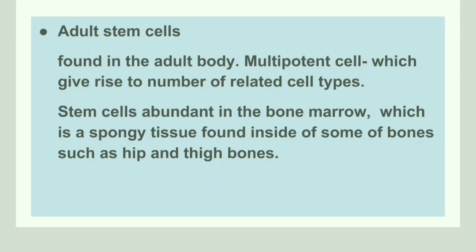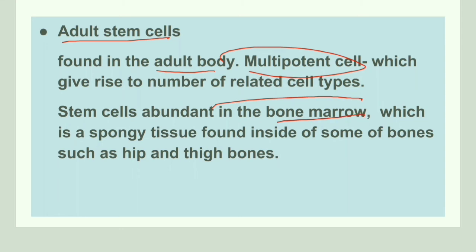Now we will discuss the adult stem cells. These stem cells are found in the adult body and they are multipotent cells. As we discussed earlier, multipotent cells can give rise to a number of related cell types. These adult stem cells are abundant in the bone marrow.